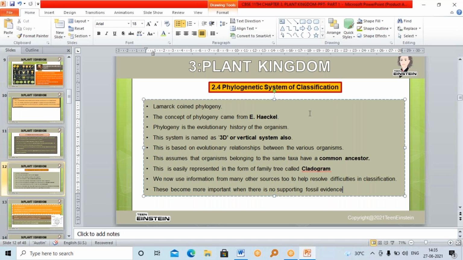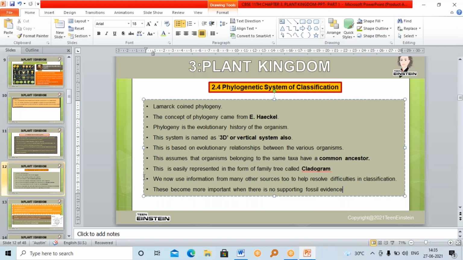That is the basic thing, and this is a 3D system of classification. Lamarck coined the term phylogeny, and the concept was brought by Ernest Haeckel. The evolutionary relationship between organisms is the basic thing for the phylogenetic system of classification.